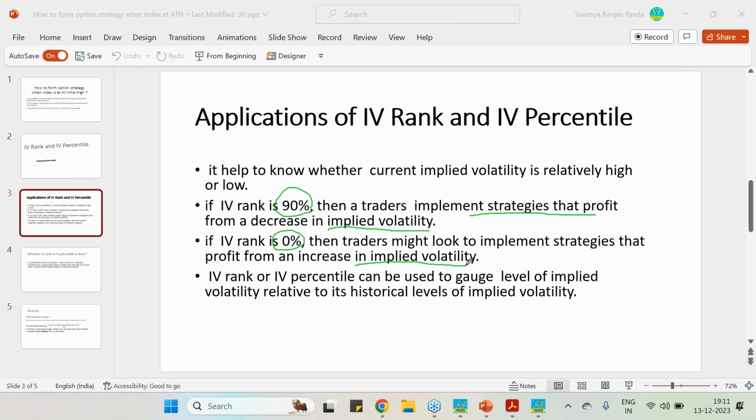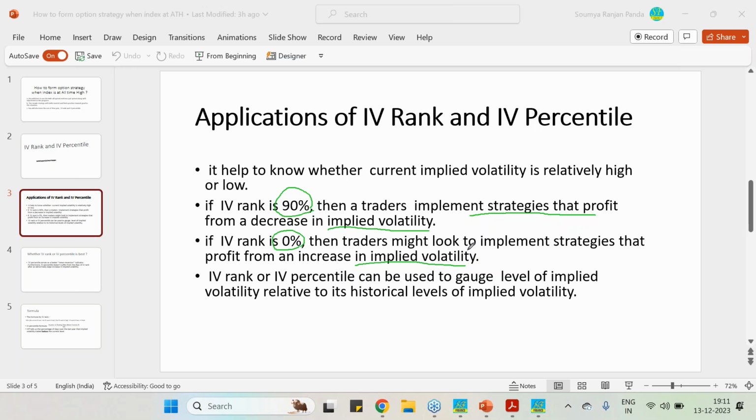When implied volatility increases, the market corrects, big oscillation happens, big up move, big down move, and implied volatility will increase, or maintain stable. So here not only increase, it is also maintain stable. Whatever implied volatility is there will remain, and the market will go up. If it increases, the market will correct.